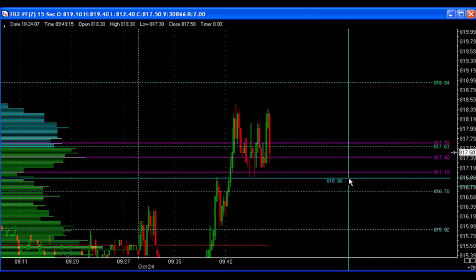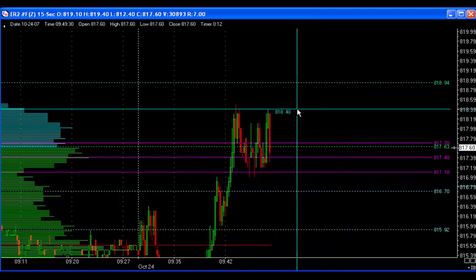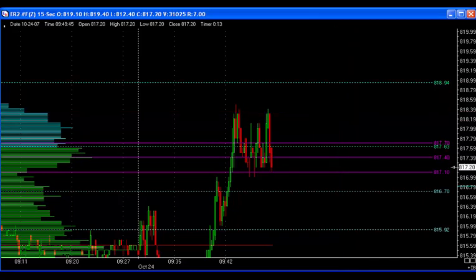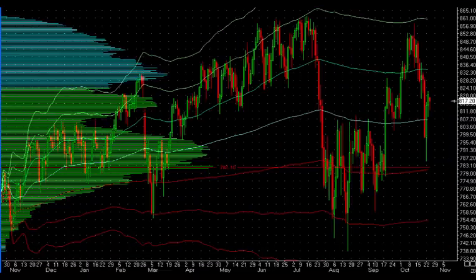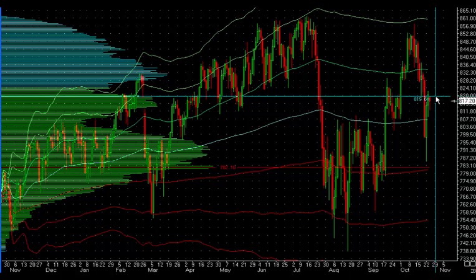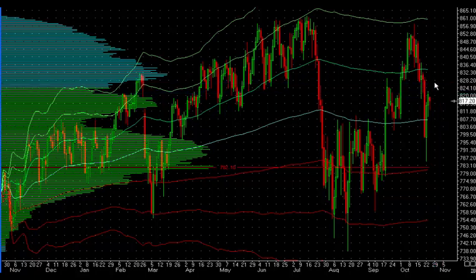Exactly what that is, I don't know, but something's holding up that price in this region. Here's a one-year chart, and we're over here. We're not near any yearly data that I can see at the moment.